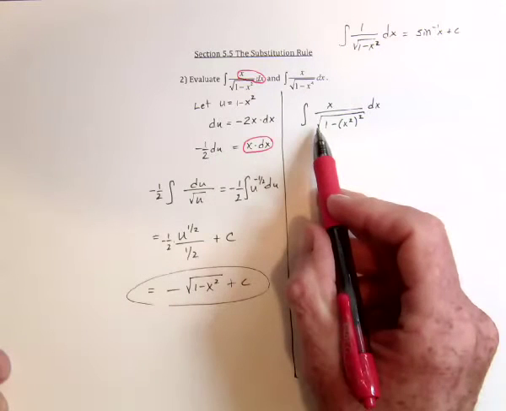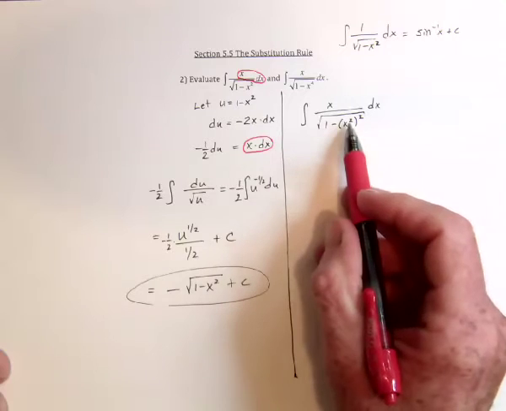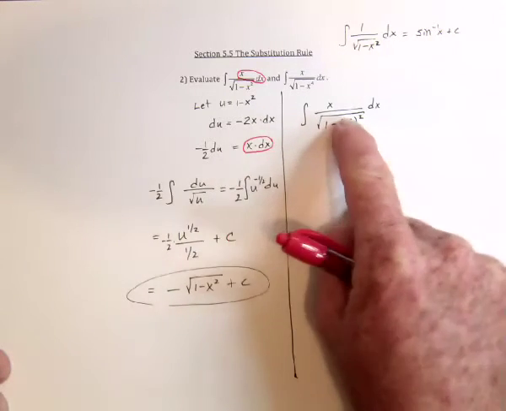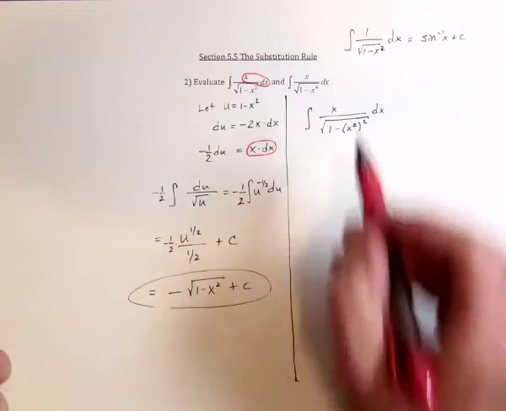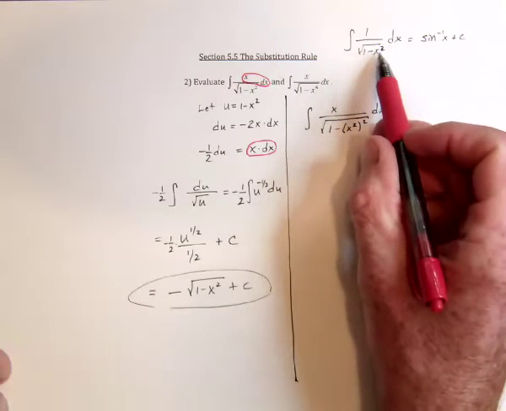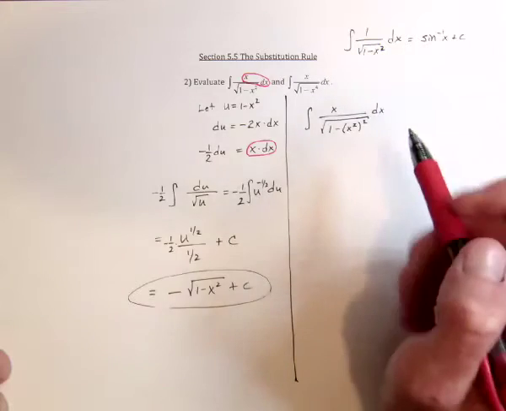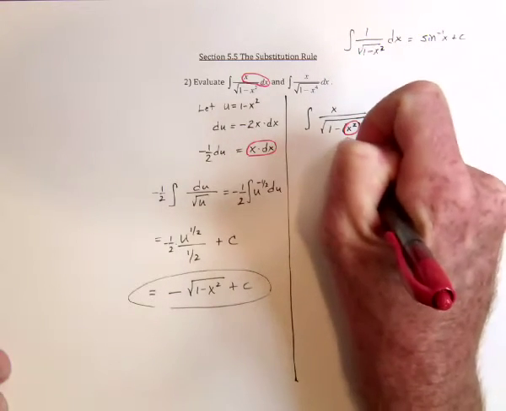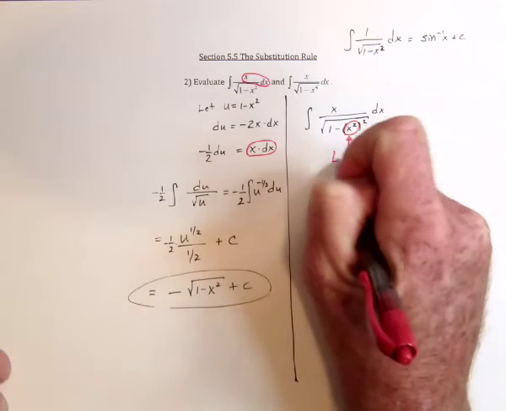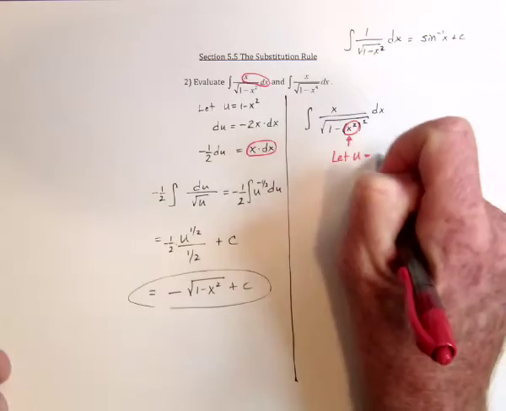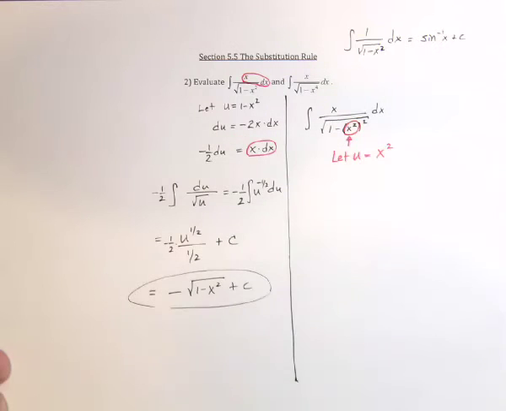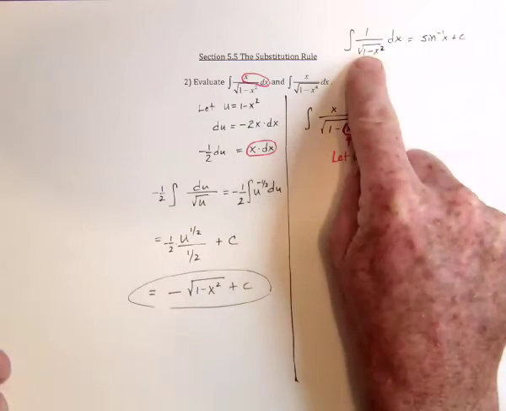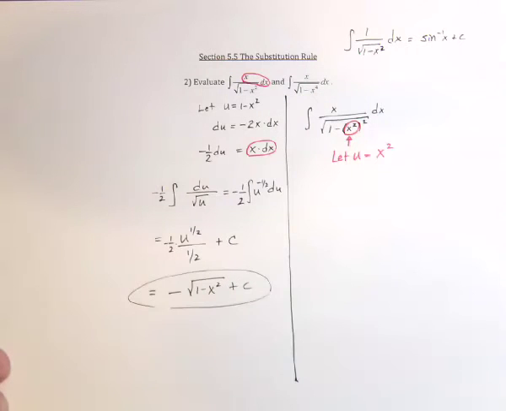So essentially it's saying the square root of 1 minus something squared, this being the something. So 1 minus something squared. And that's what this is, the square root of 1 minus something squared. And the something is this thing right here. And so this is going to be the u. And then this would be 1 minus u squared, just like this is 1 minus x squared.